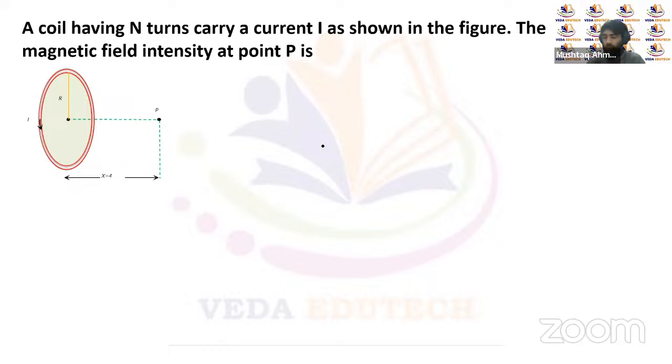Now let's try to solve some of the questions related to it. A coil having n turns carrying a current I as shown in the figure. The magnetic field intensity at point P is?